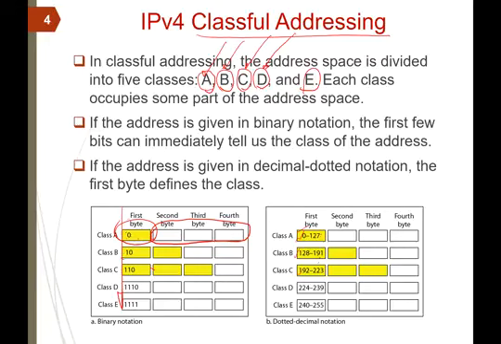In class B, we use the first 2 bytes for network ID and the last 2 bytes for host ID. In class C, we use the first 3 bytes for network ID, and the last one for host ID. For class D and E, this does not apply.